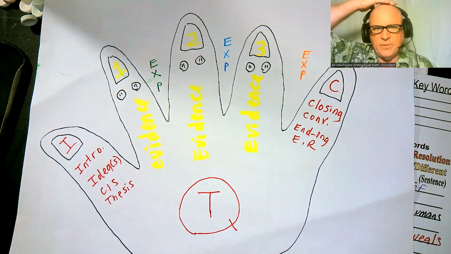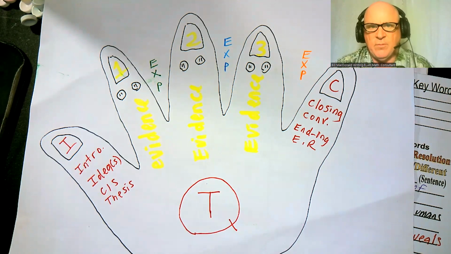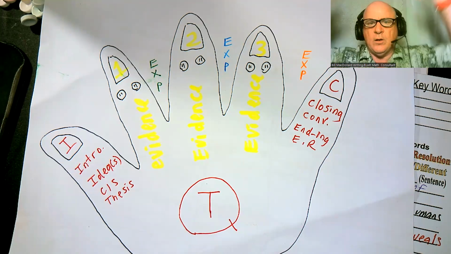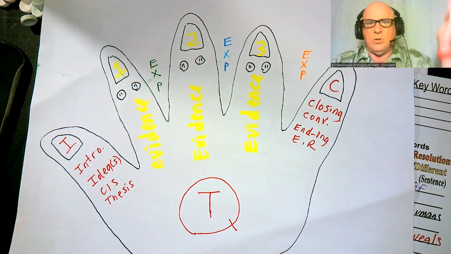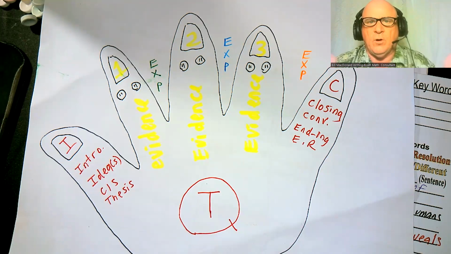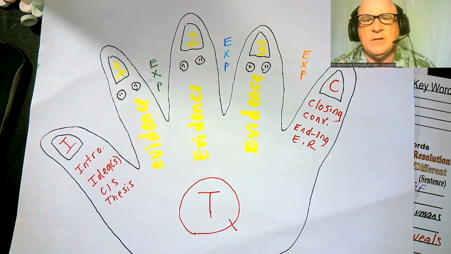The topic will have certain keywords, and some of those words will be about a question. Who, what, when, where, why, which, how. One of those is always going to be asked on an extended constructed response.